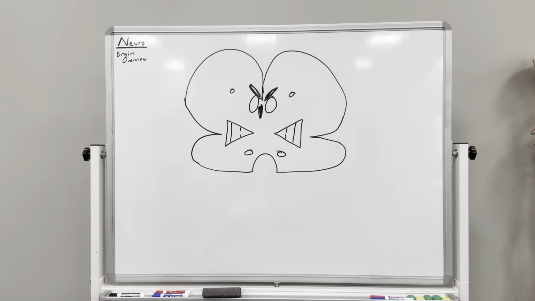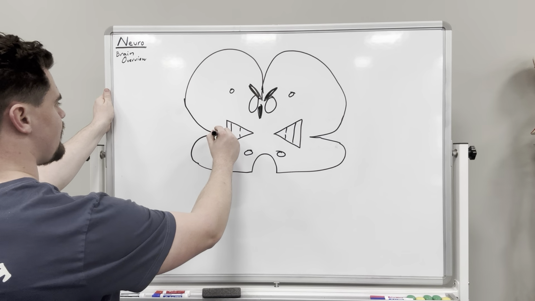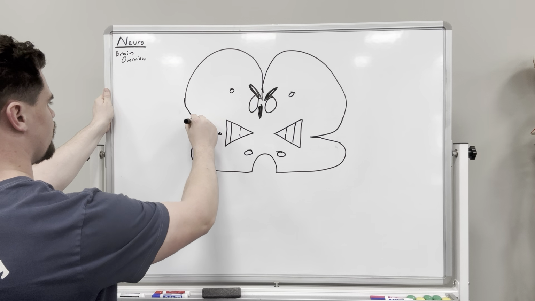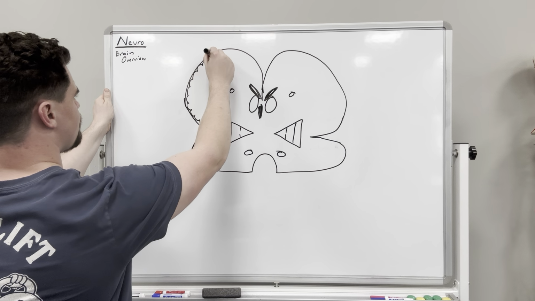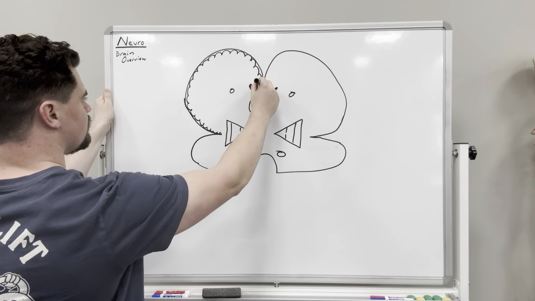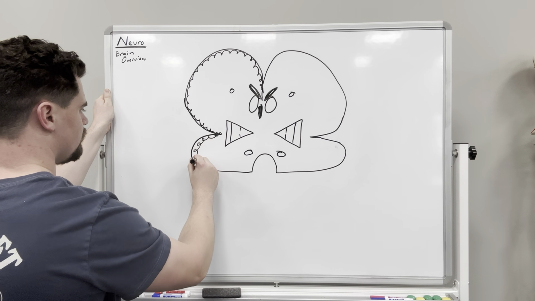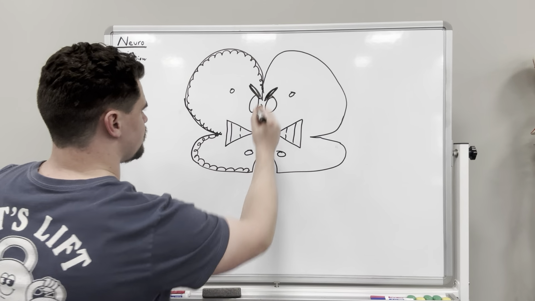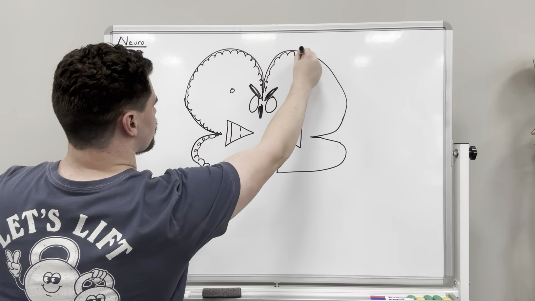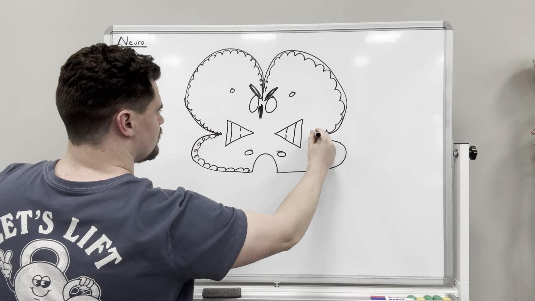All right, so what you see in this picture, and this is very busy, but this is what we're getting into. What you really need to remember is that the outside of the brain here is made up of gray matter. So what are the differences between gray and white matter?